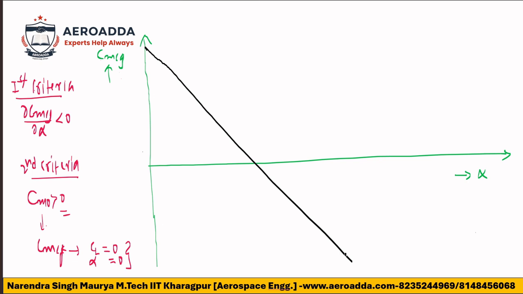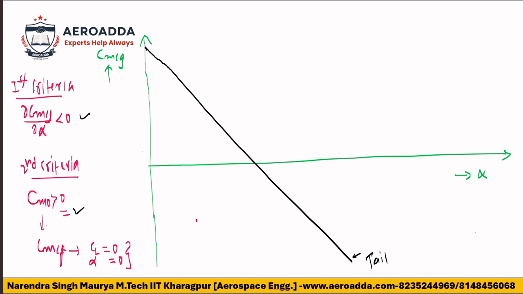To stabilize the aircraft, two criteria: dou CMCG by dou CL, or dou CMCG by dou alpha, should be negative and CM naught should be positive. I had shown you for the tail, it was satisfying both. So this first one is nothing but the tail. To make it stabilize, that slope should be negative. So see, the slope is negative.